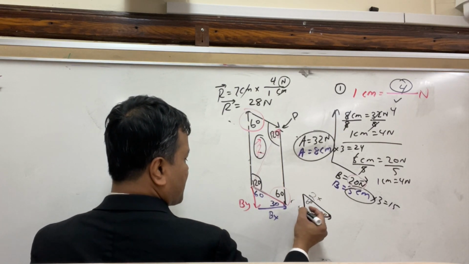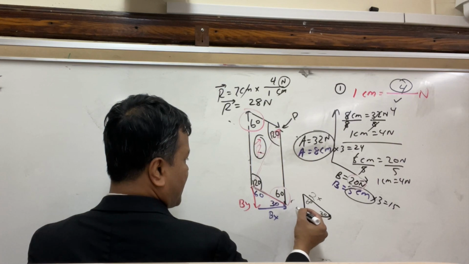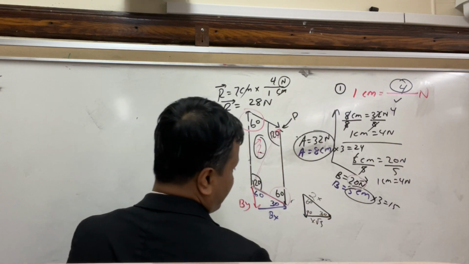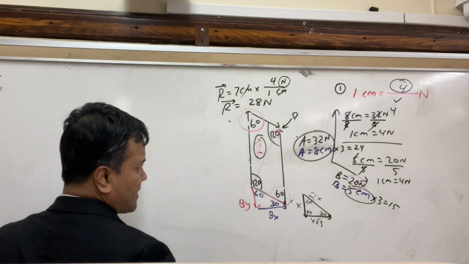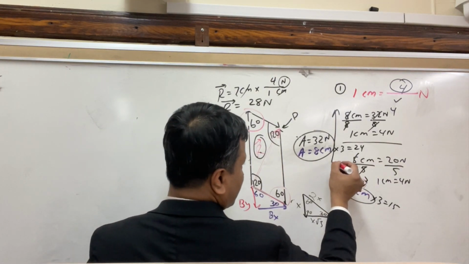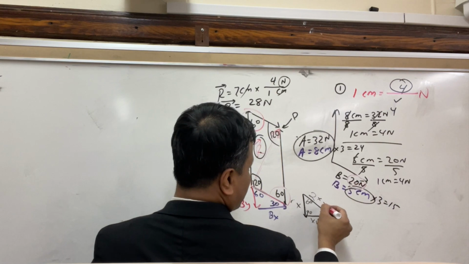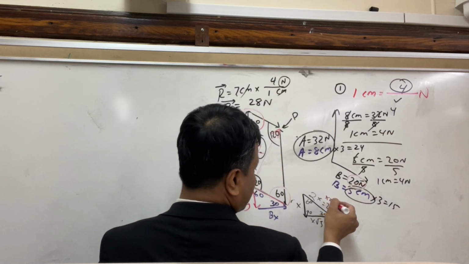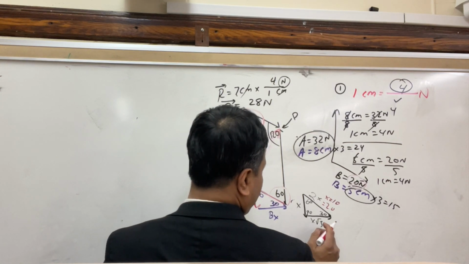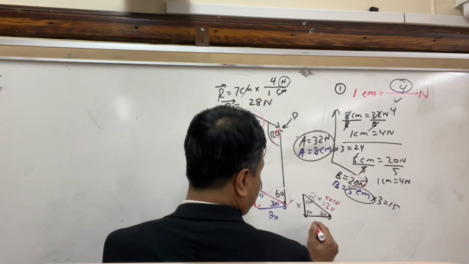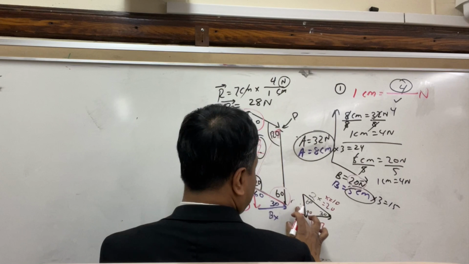Opposite to 30 is x. So 2x is equal to how much? 2x is equal to 20. So x is equal to 10. So 10 times square root of 3 is 17.3, and 10.